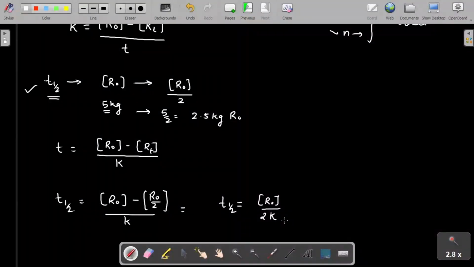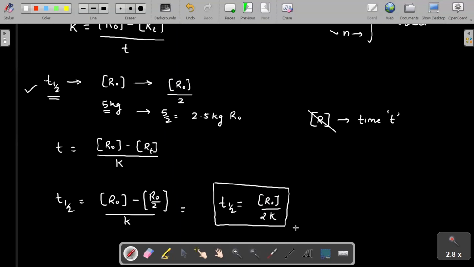Now see the very important good thing in this equation. T half does not have anything to do with the concentration of my reactant at time t. I don't want to know what the concentration will be after 5 minutes; I am least bothered about that, because the formula doesn't require it.